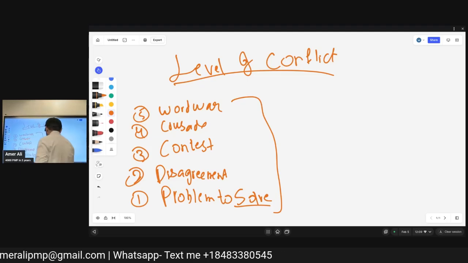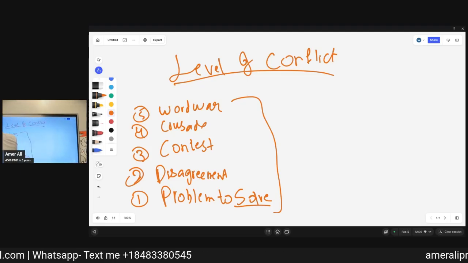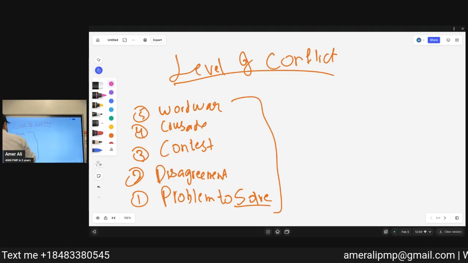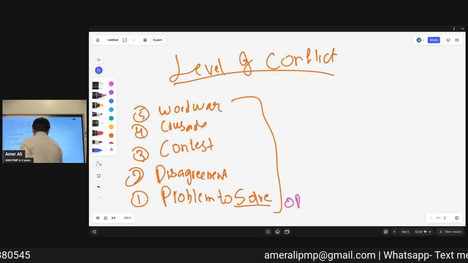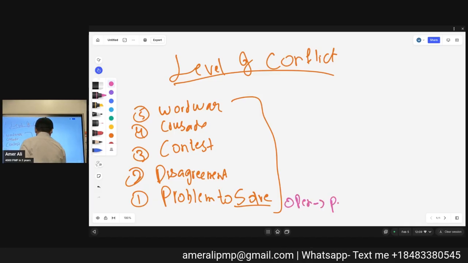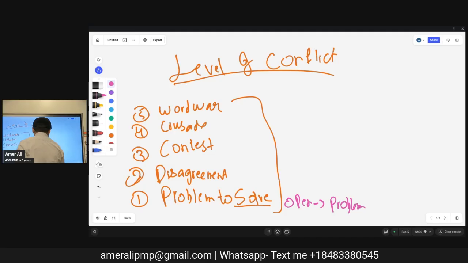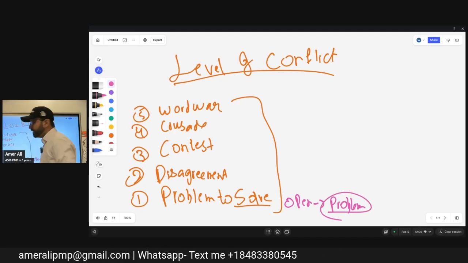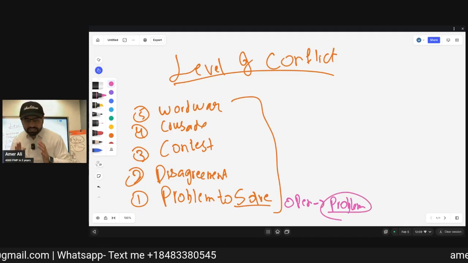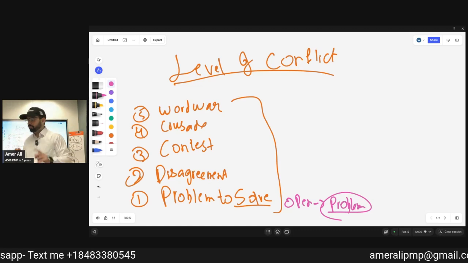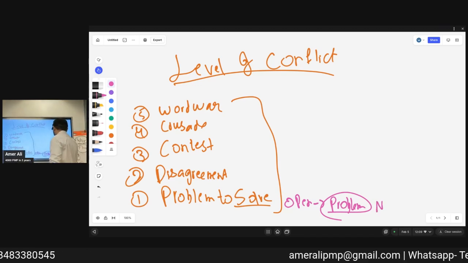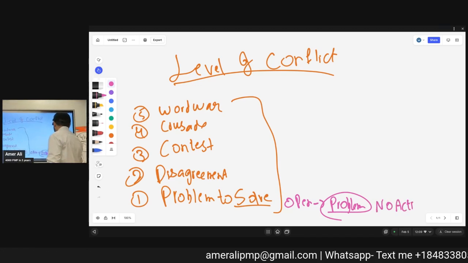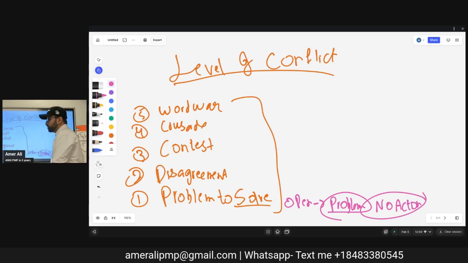So now here the language is open. I'm going to discuss the language level. Language is open. We are discussing the problem, how to solve the problem. There is no conflict there. They are discussing here. At this level, the project manager should not interfere. No action. You see, they say not doing something is always also doing something.